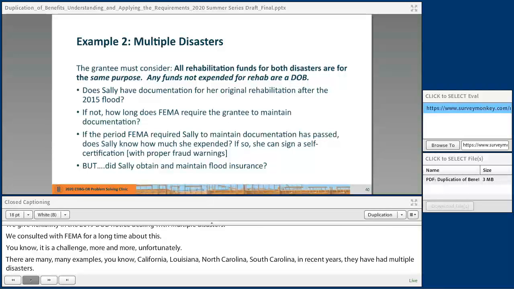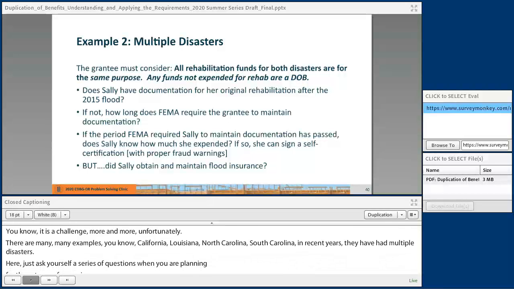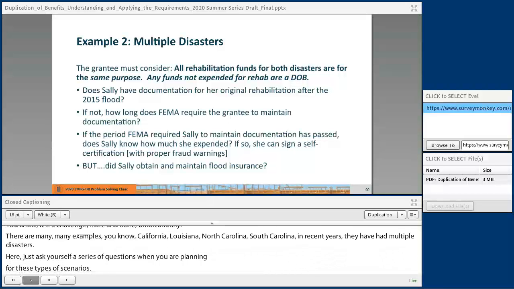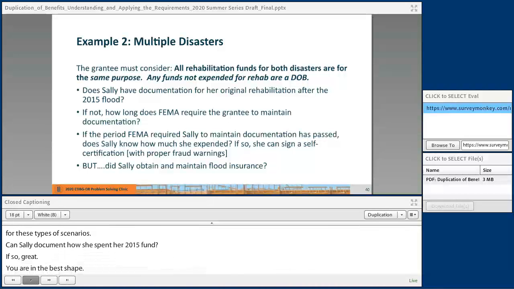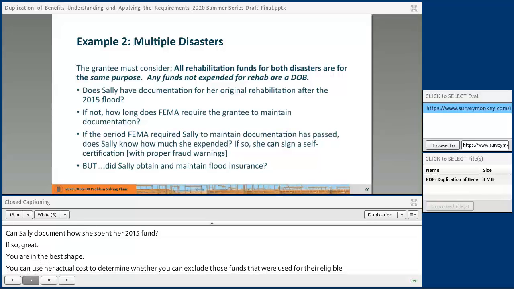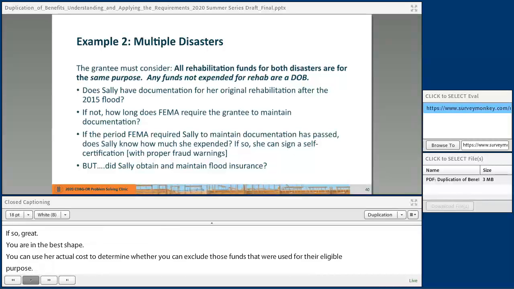You can use her actual costs to determine whether you can exclude those funds for funds that were used for their eligible purpose. If Sally doesn't have documentation, then the next question under that new flexibility in the DOB notice from 2019 is how long does Sally have to retain records under her FEMA award from 2015?